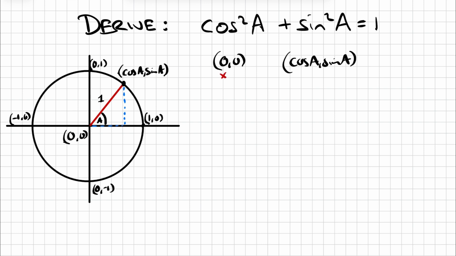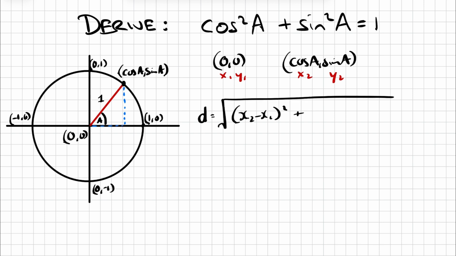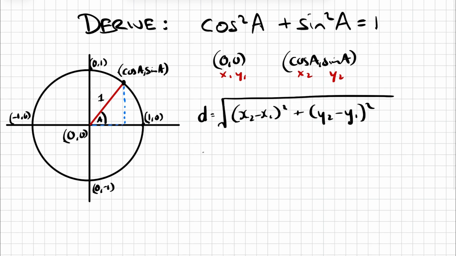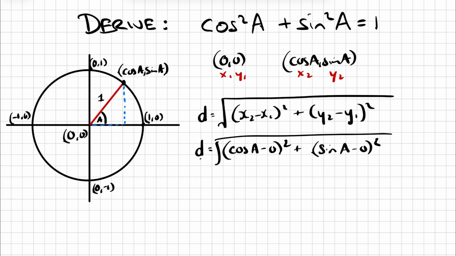I'm going to call this x1, y1, x2, y2. And we're going to use our distance formula. Once you've got your distance formula, we're going to fill it in with the stuff we know. We know the distance is 1, so I'm going to replace that. This becomes the square root of cos squared A plus sine squared A.